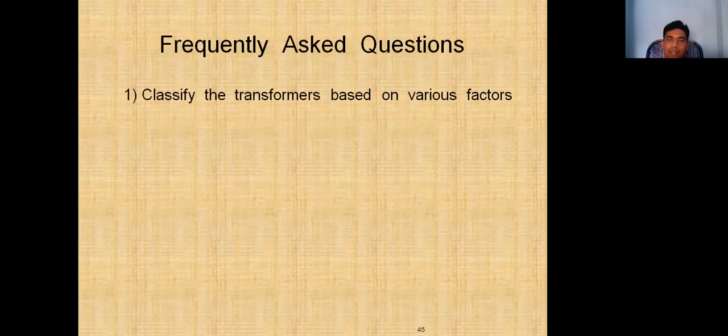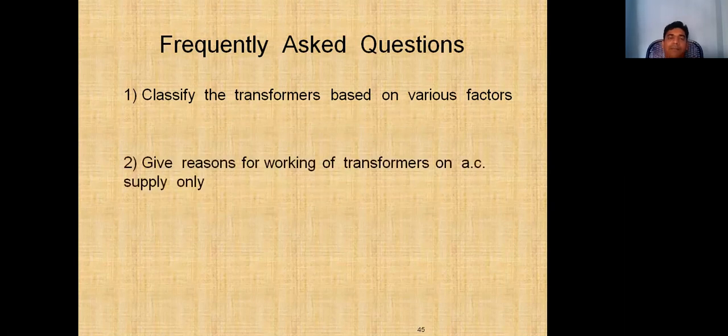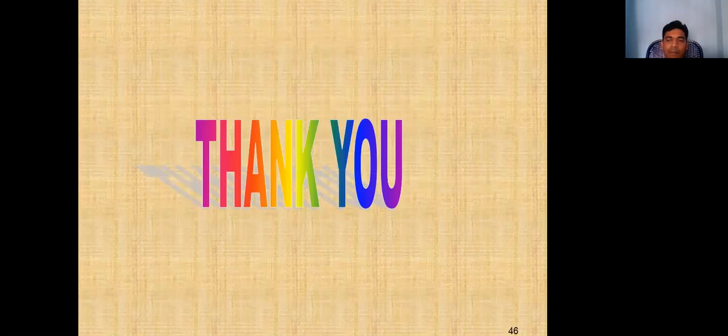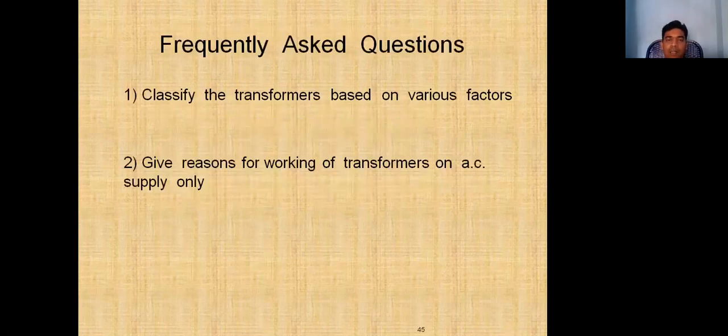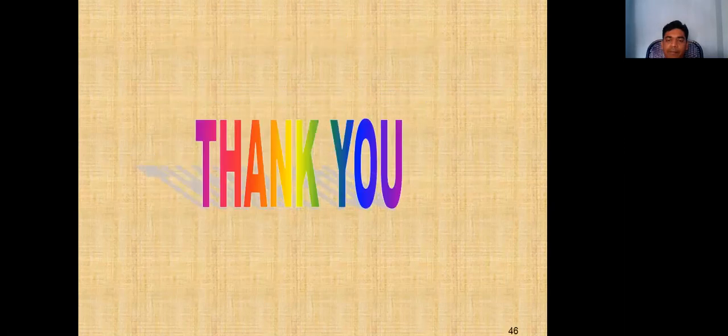Classify transformers based on various factors. Give reasons for working of transformer on AC supply only.